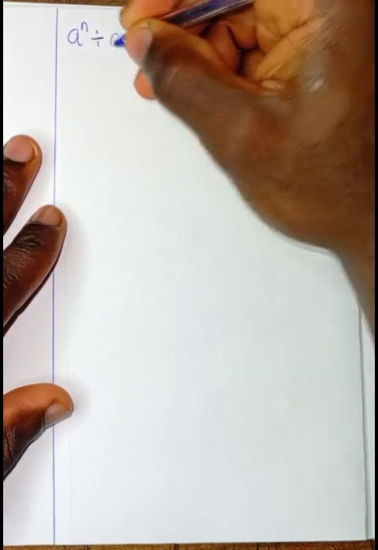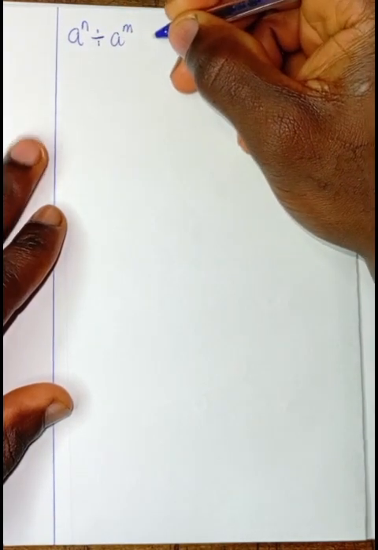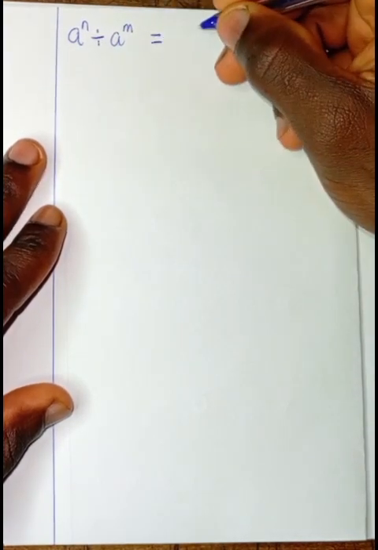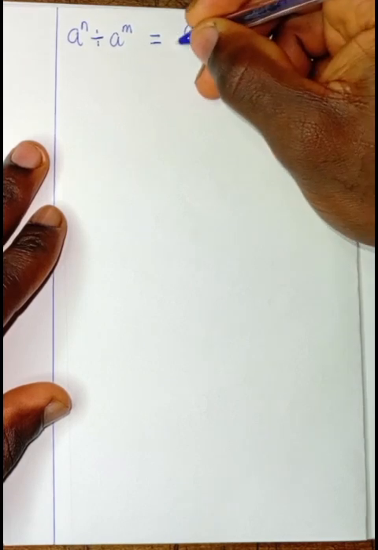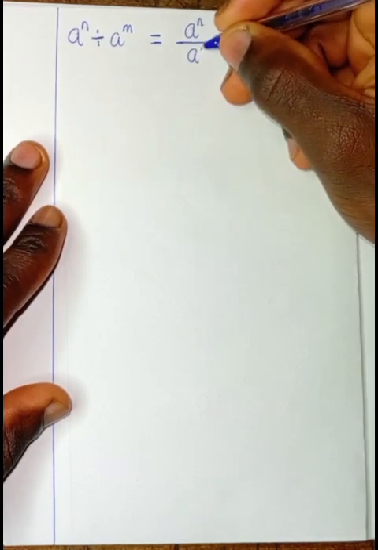By making use of the left hand side, a raised to the power n divided by a raised to the power m, this will simply be equal to, we can write it as such, a to the power n all over a to the power m.